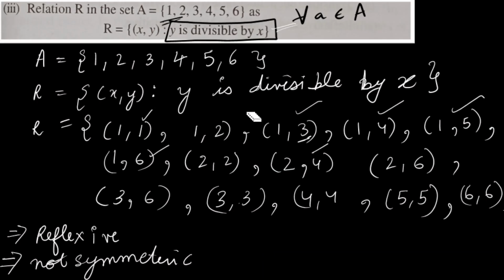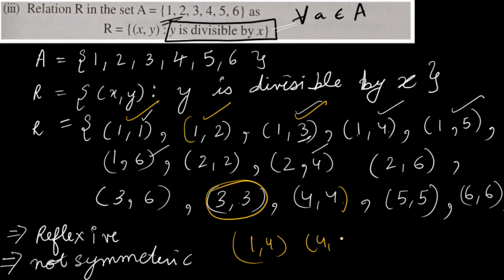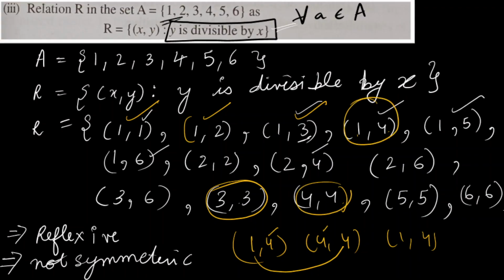This I have checked, this also, and this also. Now you have to see if anything is starting from 4. Yes, 1 comma 4 is there, and this is 4 comma 4. This is ending with 4, this is starting with 4, so 1 comma 4 is also present here. So this one also we have checked.